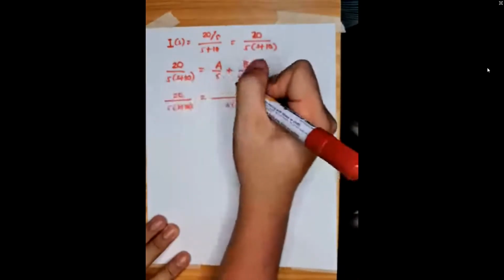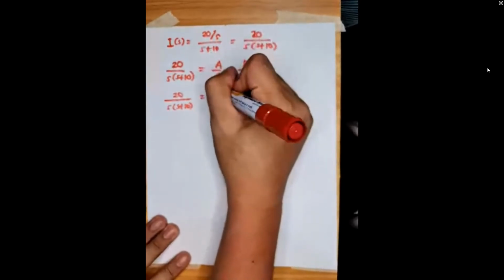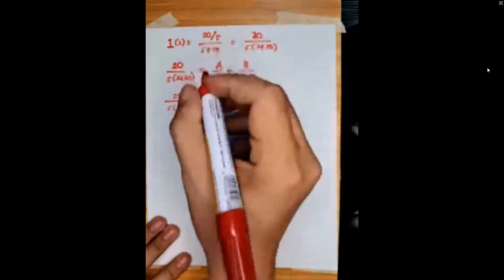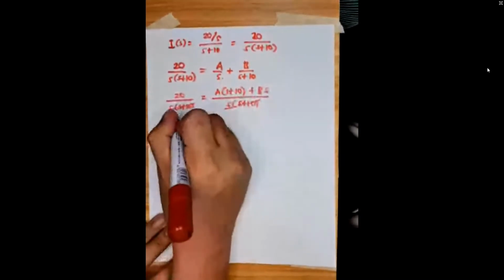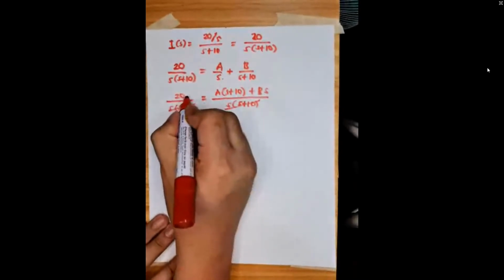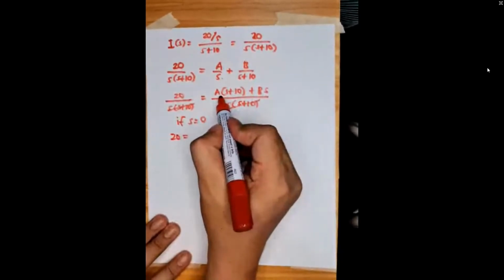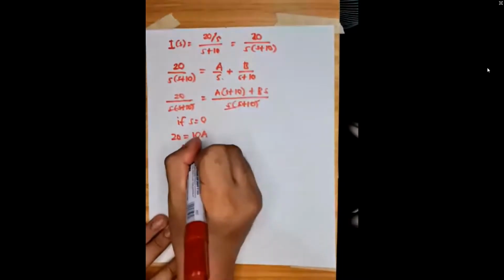And then we just take this divided by the denominator times A. So that's A times S plus 10 plus B times S. Then we cancel the denominator. And then mag-assume na lang tayo. If S is equal to 0, the left side is 20, that's equal to 10A plus 0. So A is equal to 2.